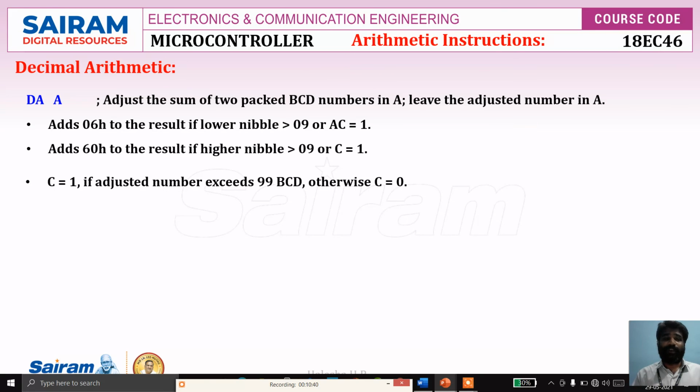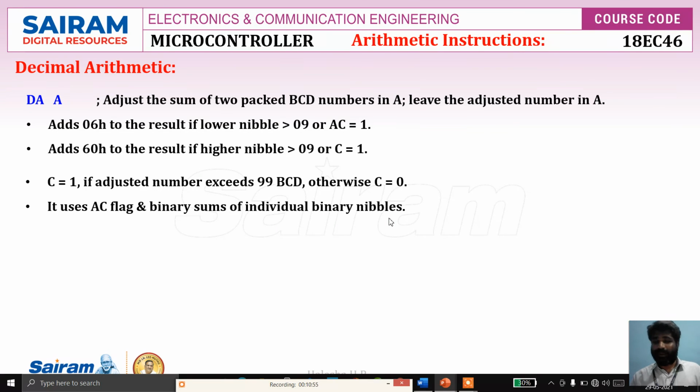That means if carry is equal to 1, the adjusted number exceeds 99, otherwise it is not. So again it uses the auxiliary carry flag and the binary sum of individual nibbles. The auxiliary carry flag has no other use in programming. Only for this purpose we use the auxiliary carry flag, to adjust the result into a BCD.